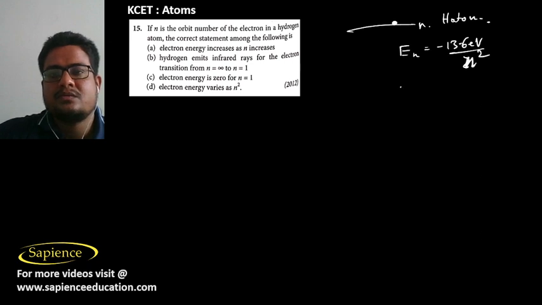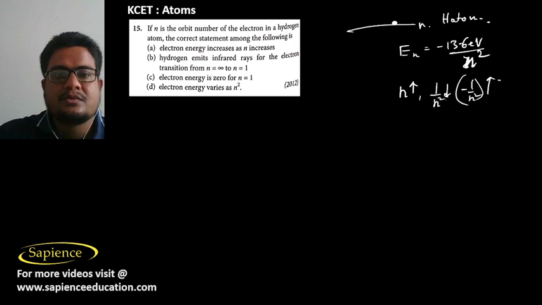It means that with increasing n, 1 by n square will decrease, but minus 1 by n square will increase. So the electron energy increases as n increases. Option A is the correct answer.